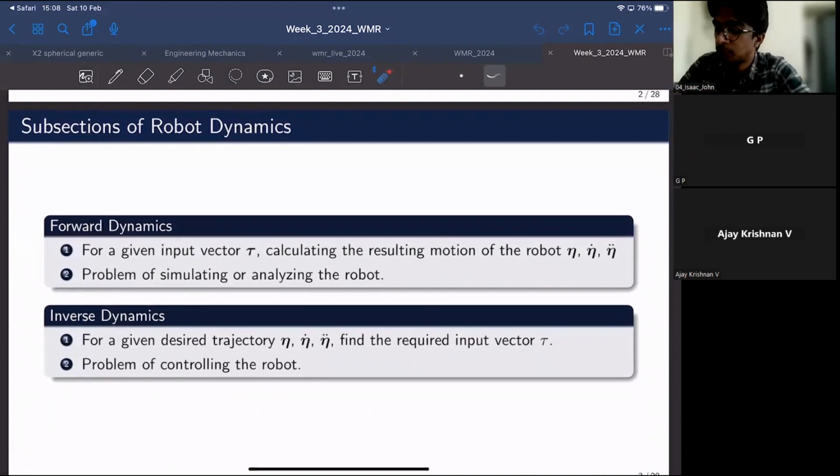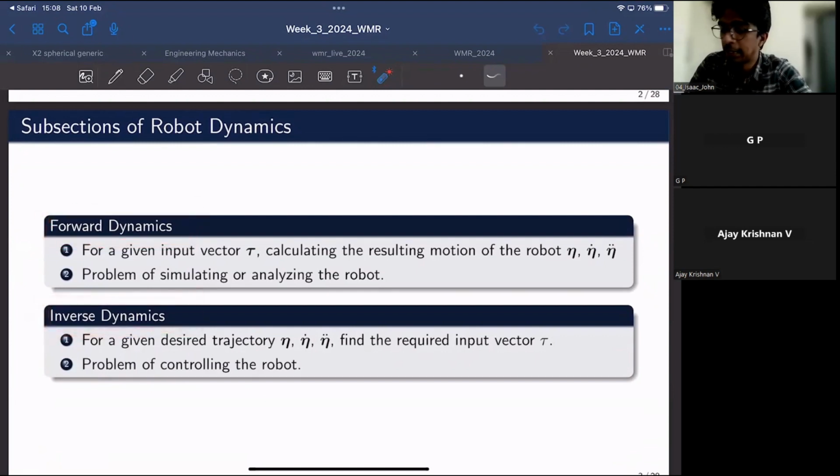And as you might have realized, just like in the case of kinematics, we have 2 different sub-problems in dynamics. Similar to kinematics, we have a forward dynamics problem and an inverse dynamics problem.